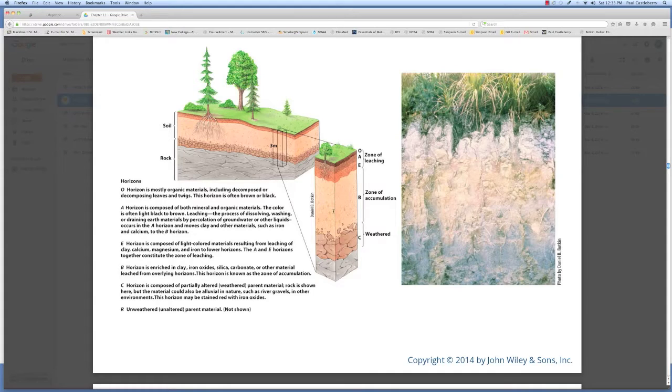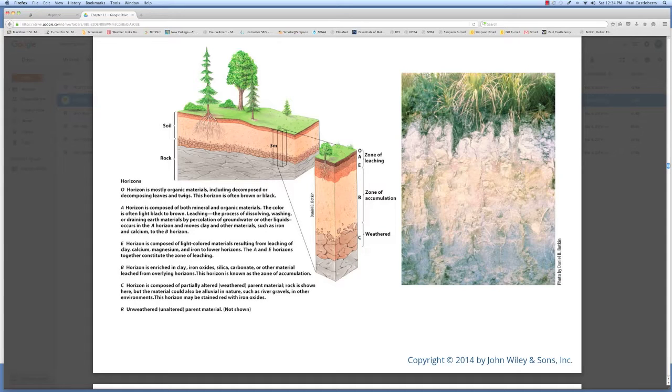The B horizon is typically made up of your clay, your ferrous oxides, your iron oxides, the silica, the carbonate. We talked a little bit about that. Calcium carbonate, the shells of marine animals, those types of things, and other materials that begin to accumulate as water begins to move these materials down.